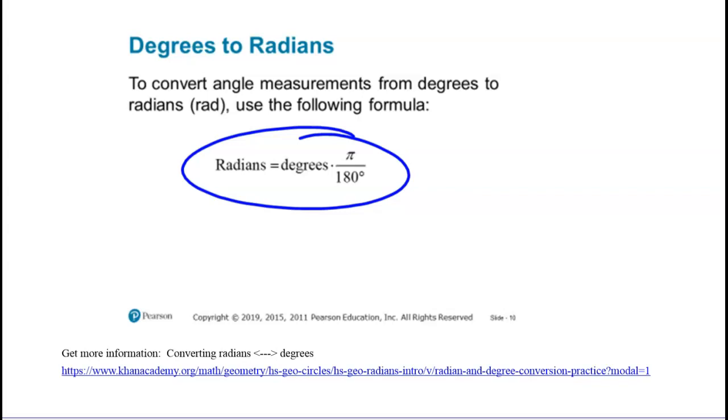And so converting from degrees to radians is just simply plug and play, taking your degrees and multiplying it times pi over 180 degrees.